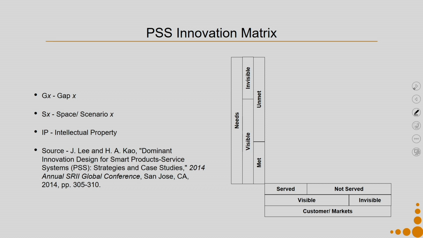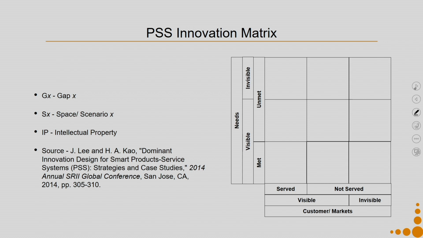So, I divide the visible market into two categories, served and not served, and invisible is of course not served. Once I have done this, the next step is divided into these blocks where I can place things. In this particular block I will place all those solutions, needs and customer or market segments which are visible and served.